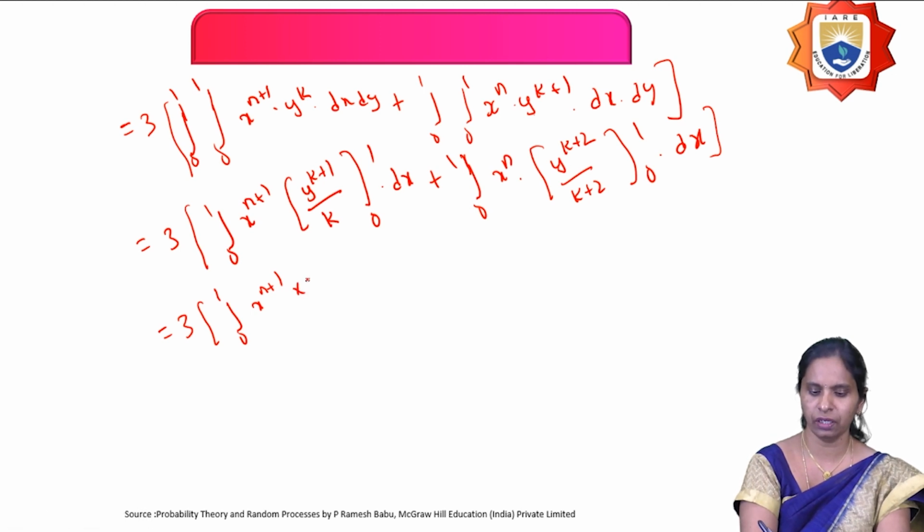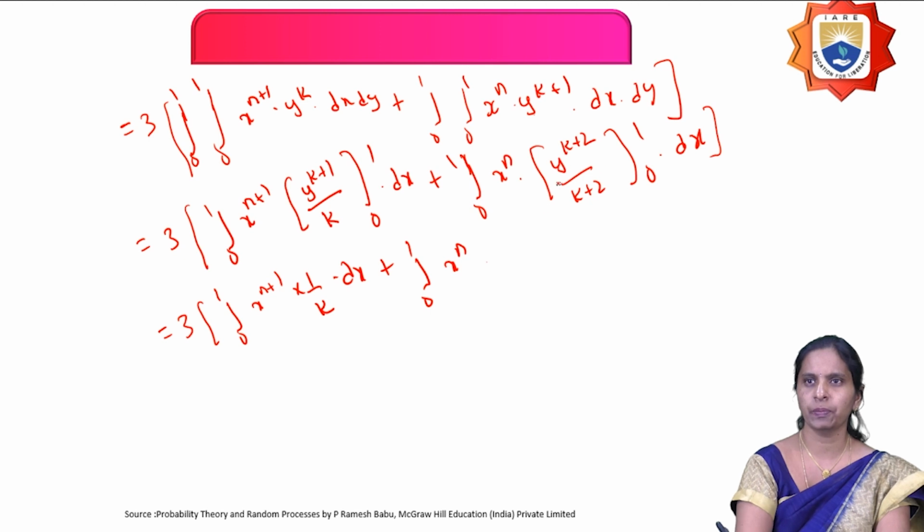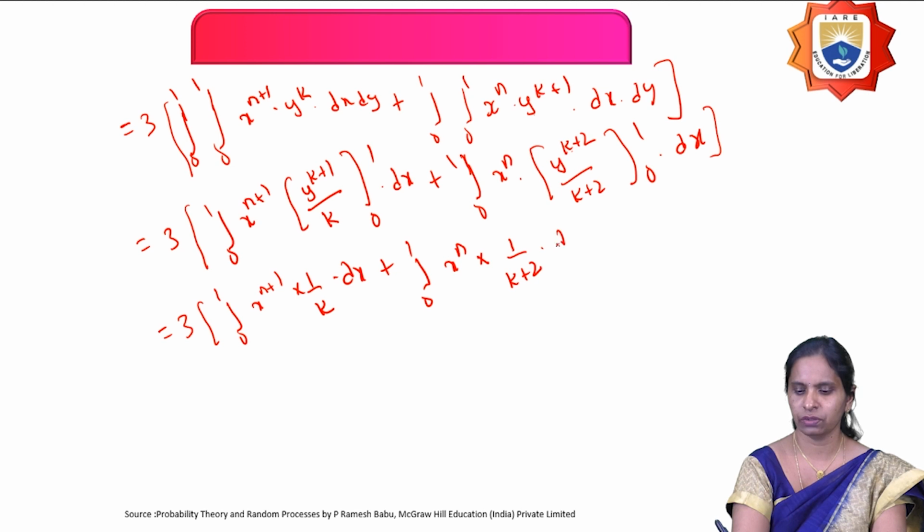Therefore 1 by k plus 1 dx, plus integration 0 to 1 of x power n into, substituting the upper limit, 1 power k plus 2, which is 1, so 1 by k plus 2, minus the lower limit 0, since 0 power k plus 2 over k plus 2 is 0. Therefore we obtain 1 by k plus 2 dx.